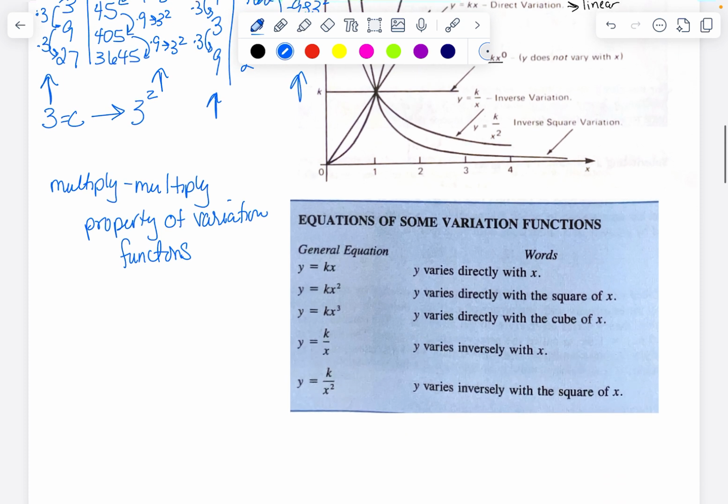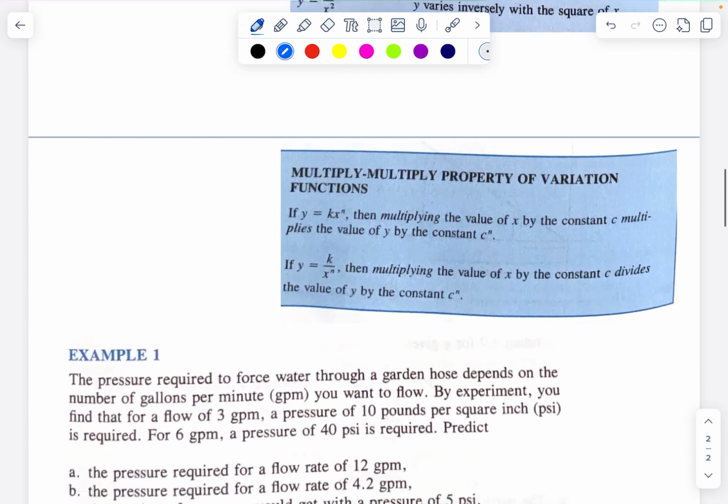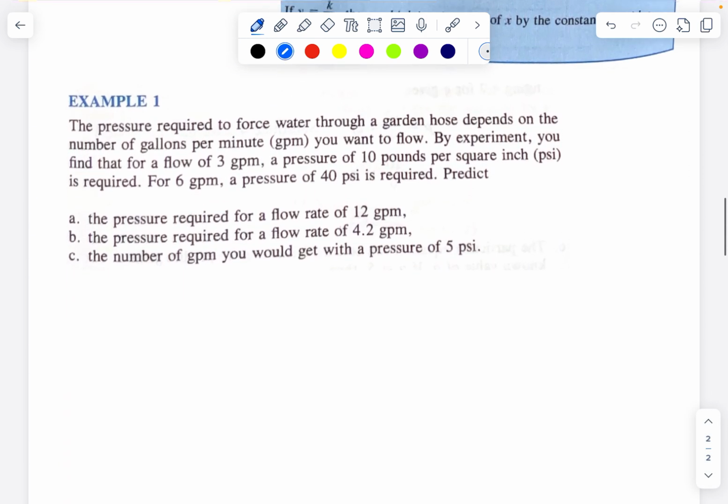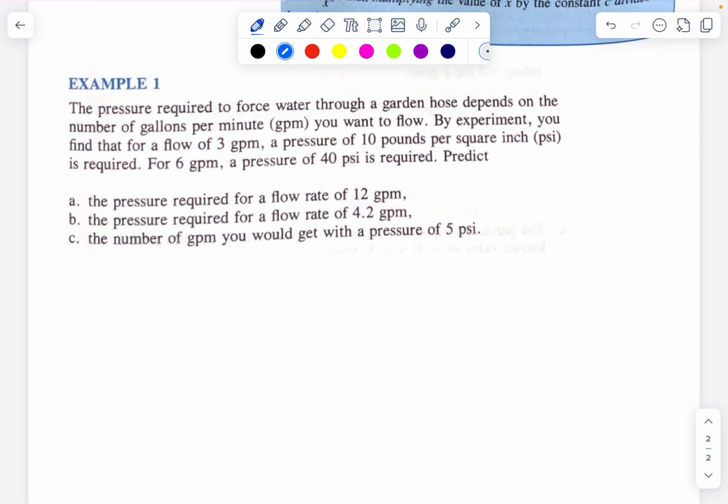So then we used our multiply properties and our ideas to do a little example in class. Our example was the pressure required to force water through a garden hose depends on the number of gallons per minute you want to flow. By experiment, you find that for a flow of 3 gallons per minute, you require a pressure of 10 pounds per square inch.